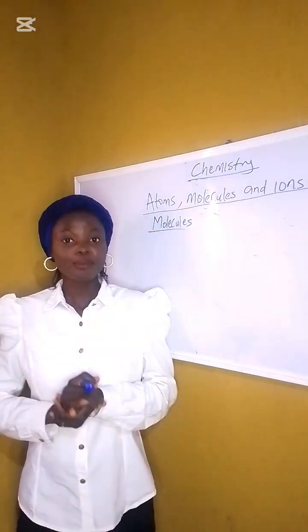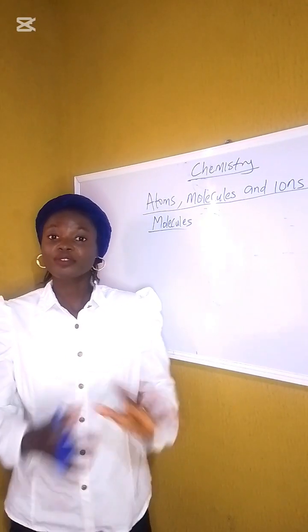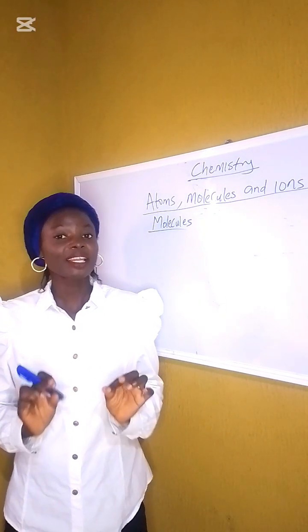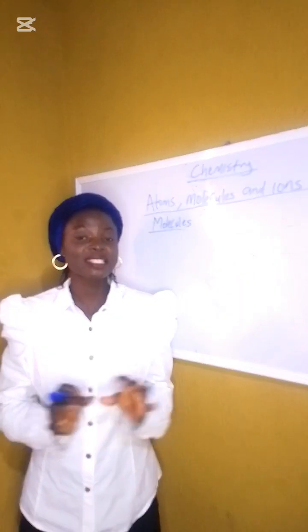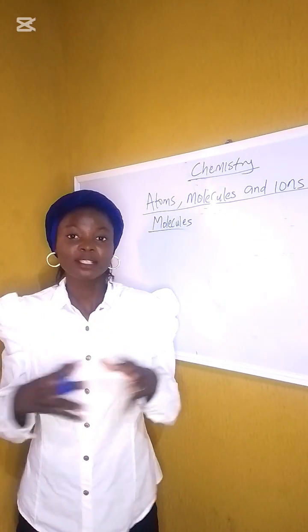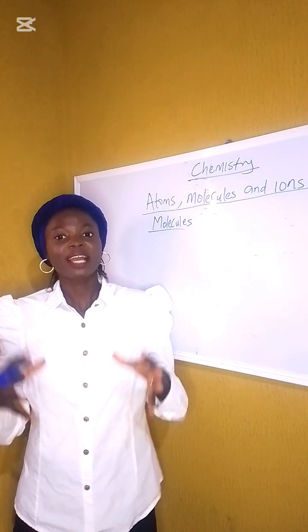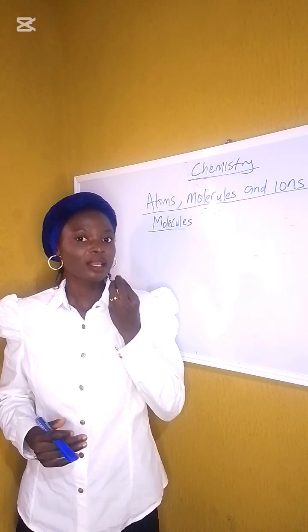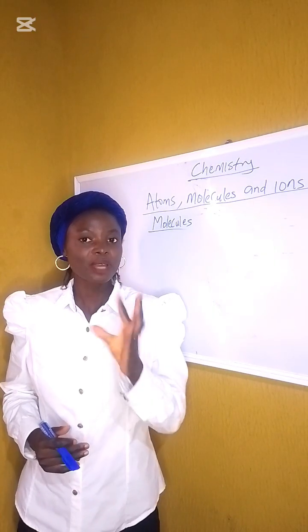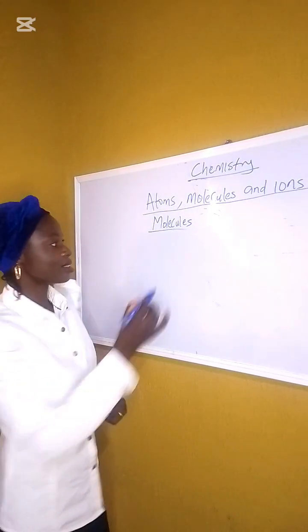Let's talk about molecules now. Molecules are formed when atoms, either from the same element or from different elements, are chemically combined together, chemically bonded together. What do I mean by atoms of the same element? Look at it now.